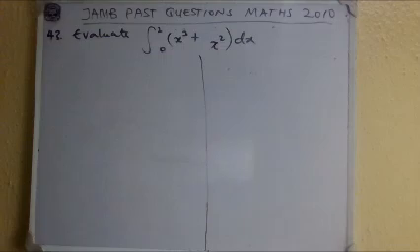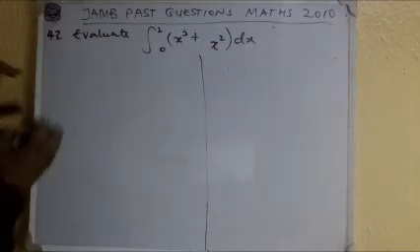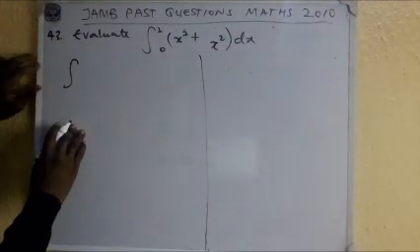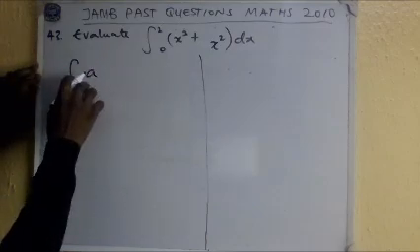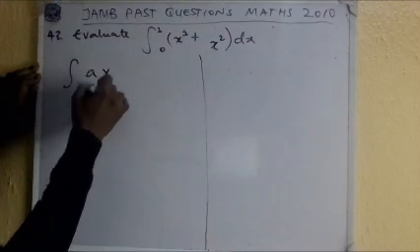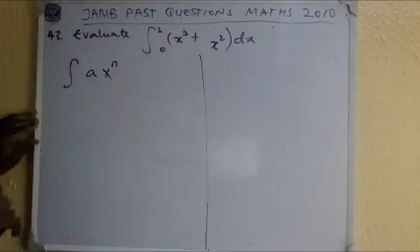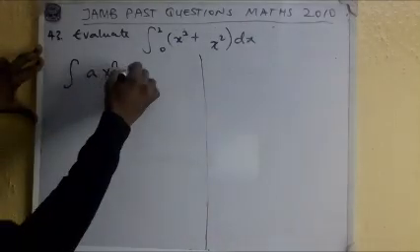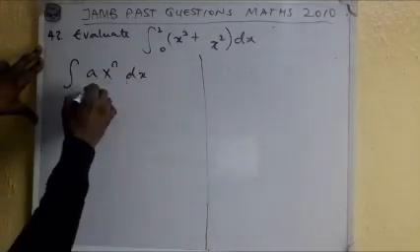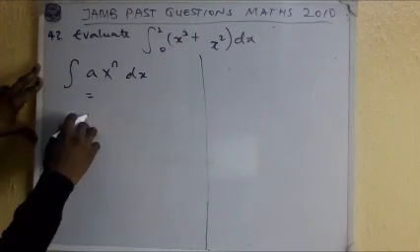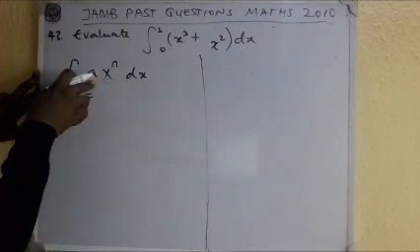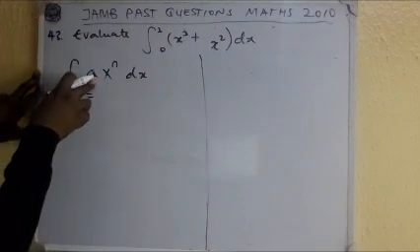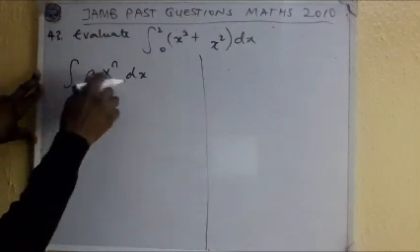Understand? Now, if you are told to integrate, for instance, this is the symbol for integration, and you are told to integrate this: a is the coefficient, x the variable, raised to power n. Now the solution is this one. The power, sorry, not the power multiplies.